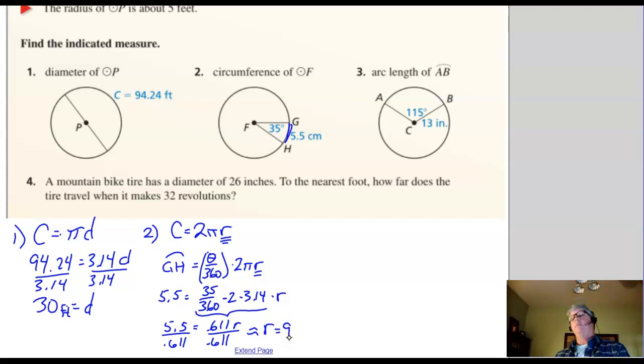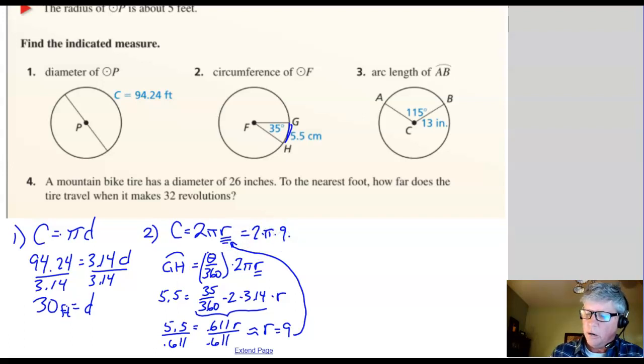But I'm not done yet because I need to find the circumference. So I'm going to plug that right into here, and that's going to be 2 times pi times 9, or 18 pi. I'm going to leave my answer exact like that. That certainly works, or I could multiply 18 times 3.14 and be done. Hey, number three.